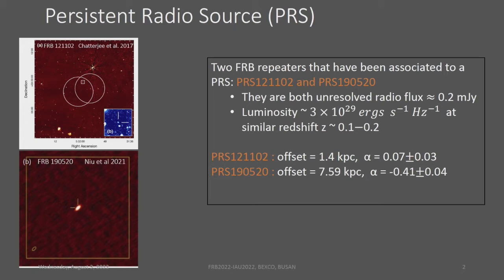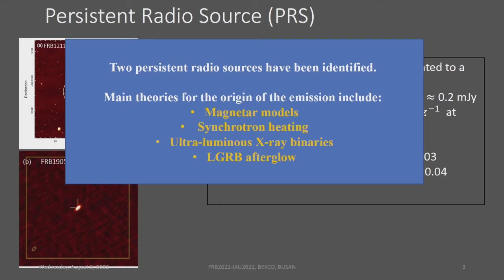Even though they have different spectral shape, they are quite offset from their host galaxy center. So I see also different people coming up with possibilities of trying to explain this radio emission. These have formed our FRB PRS models so far. Some of them I've listed, and I'll be talking about them also in a later slide.